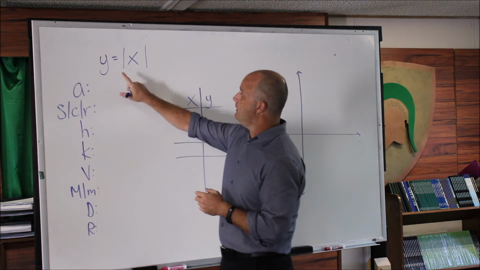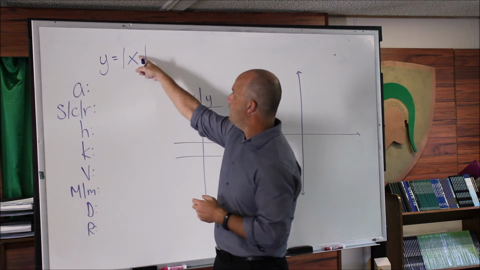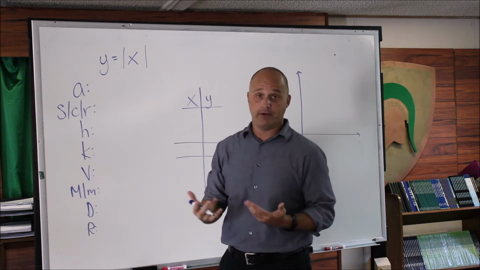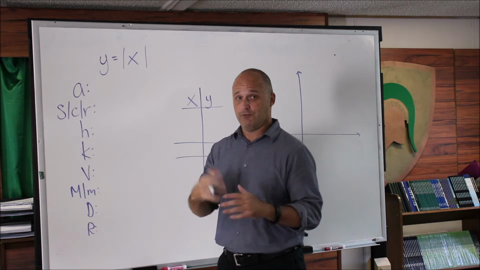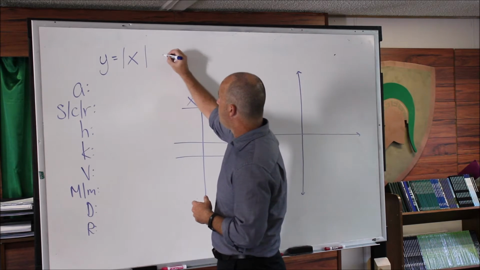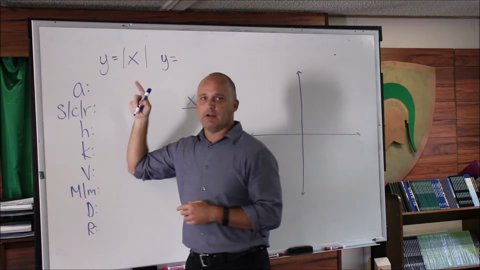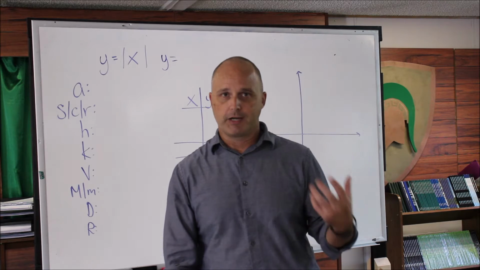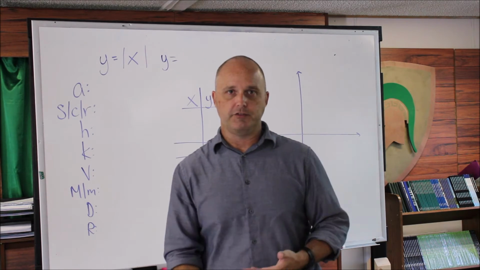And what we can see here is that we have no given a value, we have no given h value, and we have no given k value. So what you can do if you get confused by this is you could write it out like this. Y equals, remember that the number right here is being multiplied against the absolute value. So the number cannot be 0, because if you multiply anything by 0, it just works out to 0.